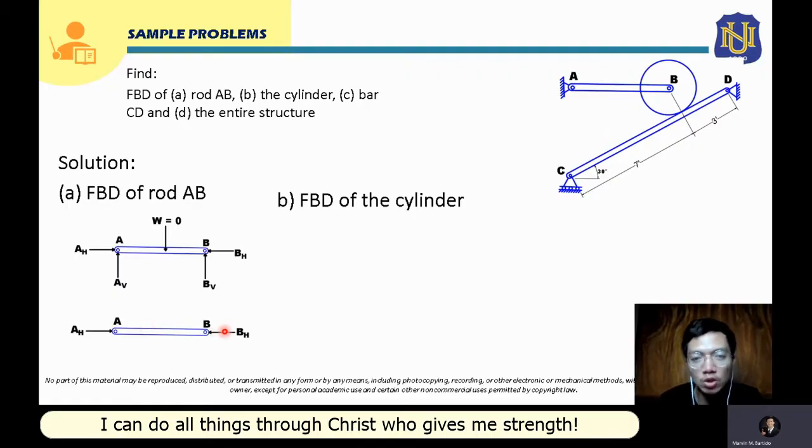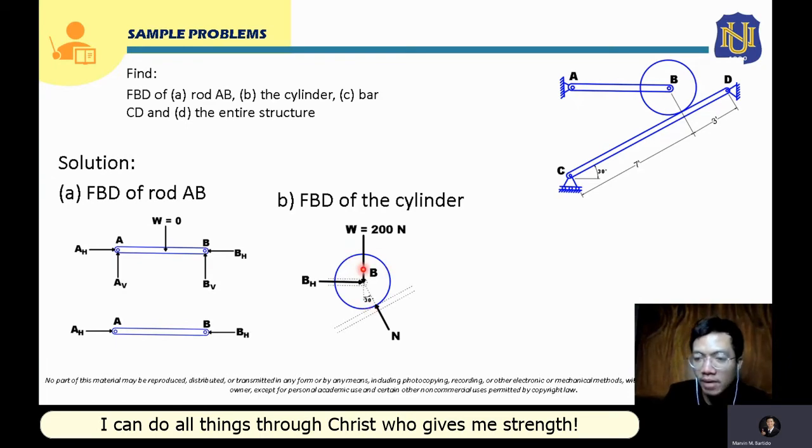Now we will proceed to constructing the free body diagram of the cylinder. The cylinder is here. Again, our first step is to draw the body, the cylinder, assuming that the supports are removed. So let's say we draw this cylinder. After that, we have to draw the applied forces.